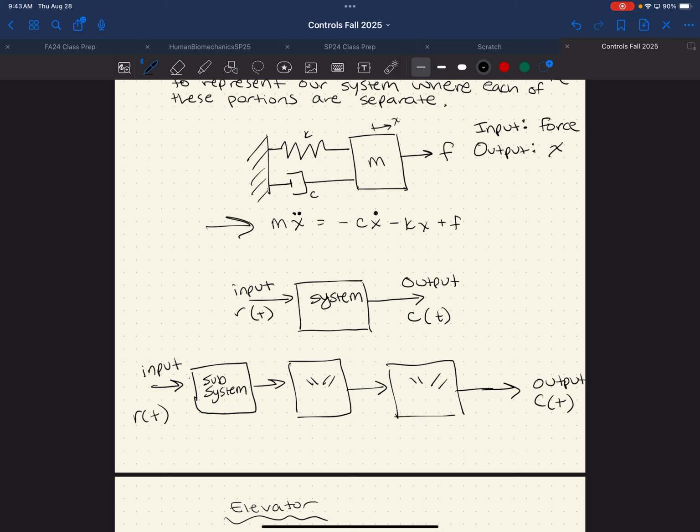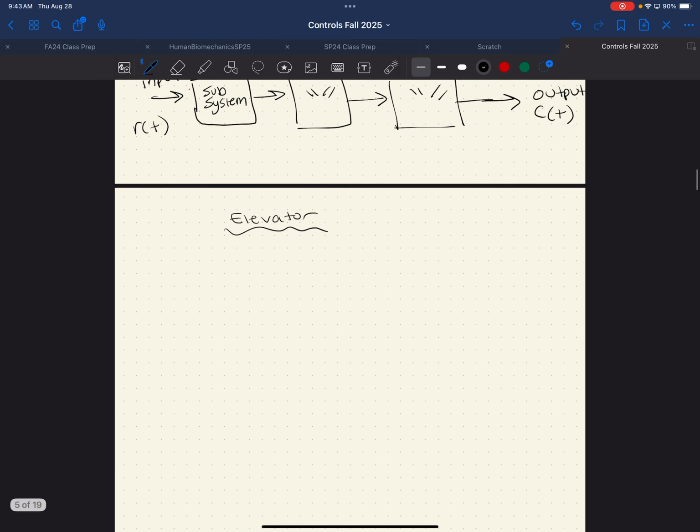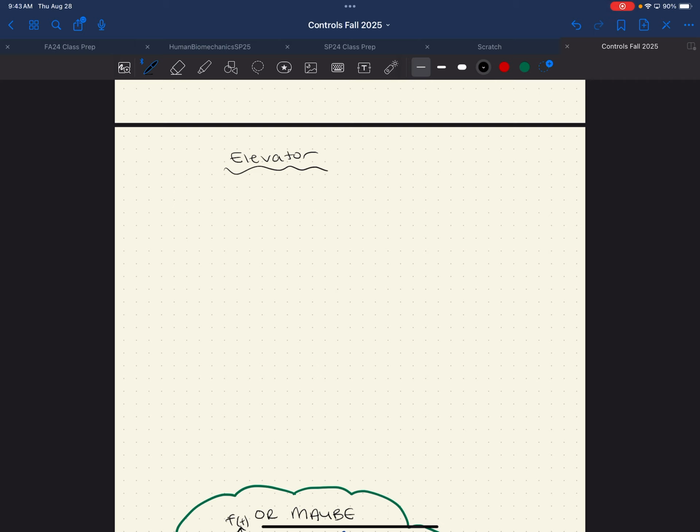Okay, so let's think of a simple system where we can make these ideas a little bit more concrete. So in the book and in the past and probably in every controls class ever, a lot of people like to think about an elevator as a very simple, in some ways, control system. So all the inner workings of the elevator, let's put that aside for now.